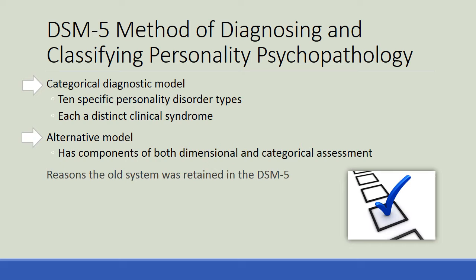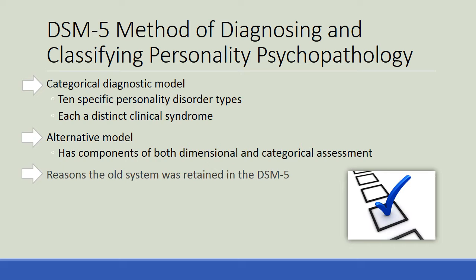Now, there have been some reasons provided for the old system being retained in the DSM-5. First, most research that has been done has dealt with personality disorders as categories, so previous research might not be as useful. Secondly, more research is needed on the specific dimensions to be used to diagnose personality disorders.